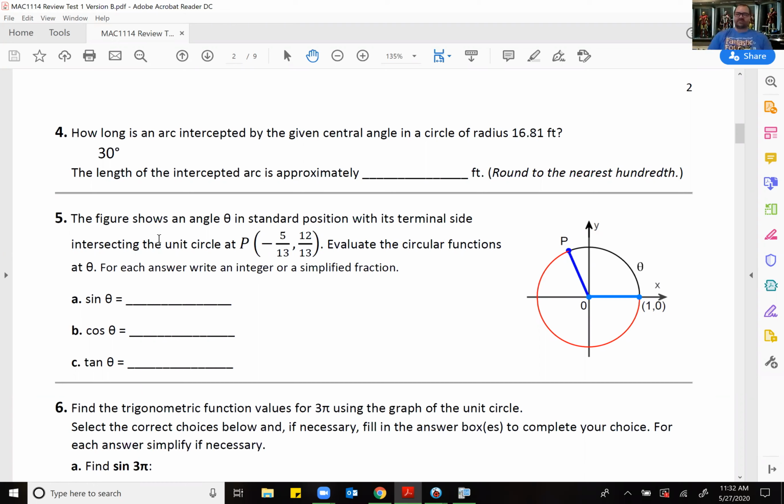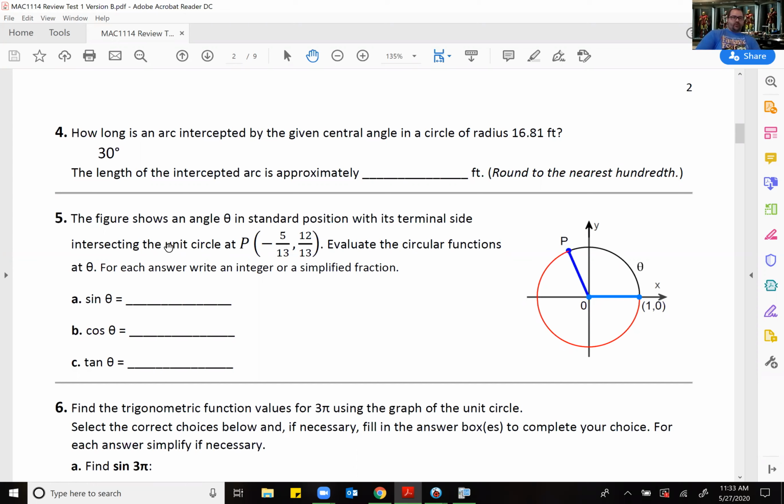So here it wants us to actually find sine theta, cosine theta, tangent theta. Now this is where you're going to need to make sure that you read the directions carefully. It says that the figure shows some angle theta in standard position. You can see the blue standard position here, with its terminal side intersecting the unit circle.